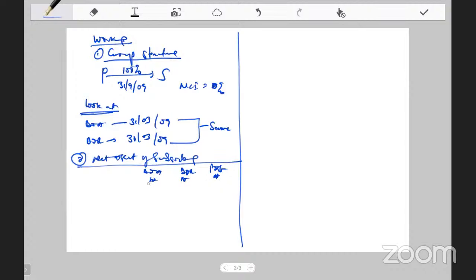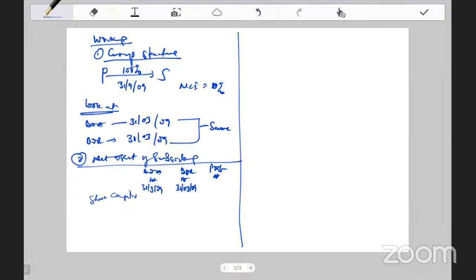The date of acquisition is 31/3/09, and the date of reporting is 31/3/09. What are the informations we have? Share capital. For those of you that did not get this, you can watch the video before this. So this is now our share capital.